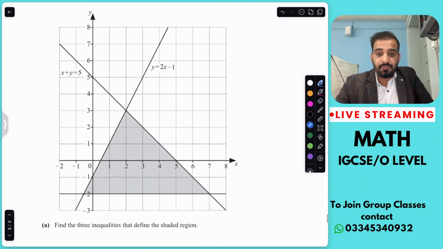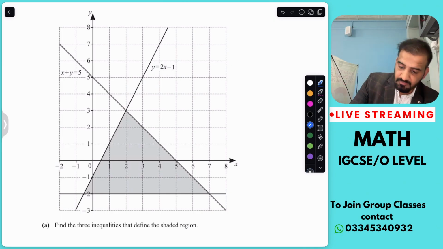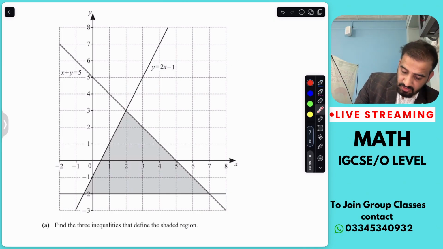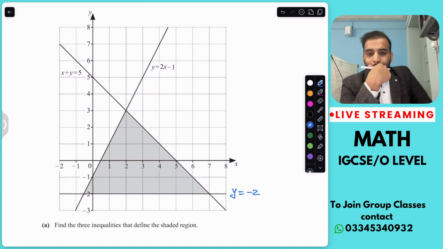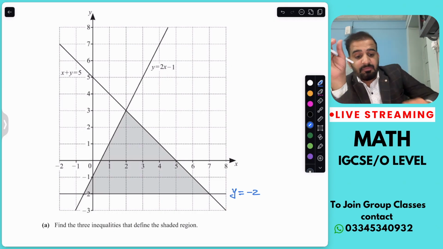Question 26. Find the three inequalities that define the shaded region. So easy. First of all, let's look at this line. It is y equals -2. They are saying shaded region, not inside the triangle. So this time you are also writing equality because the shaded region has the boundary involved.